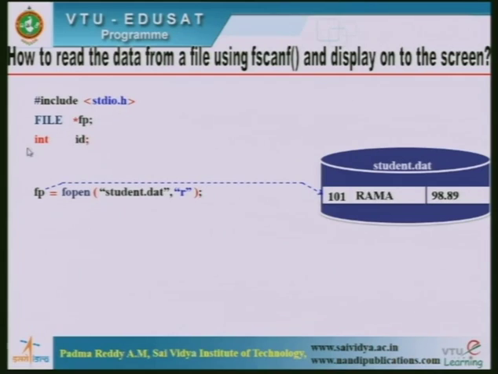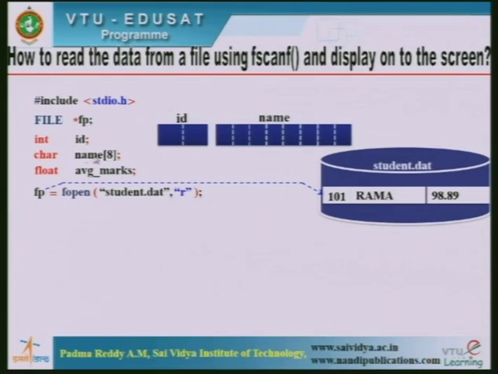One is id, which is of type int, another is name, an array of characters, and another is a floating point number. So we write float followed by average marks. Now the moment I declare int id, char name, and so on, memory will be allocated for the variable id, then 8 bytes will be allocated for the name, and then 4 bytes will be allocated for average marks.